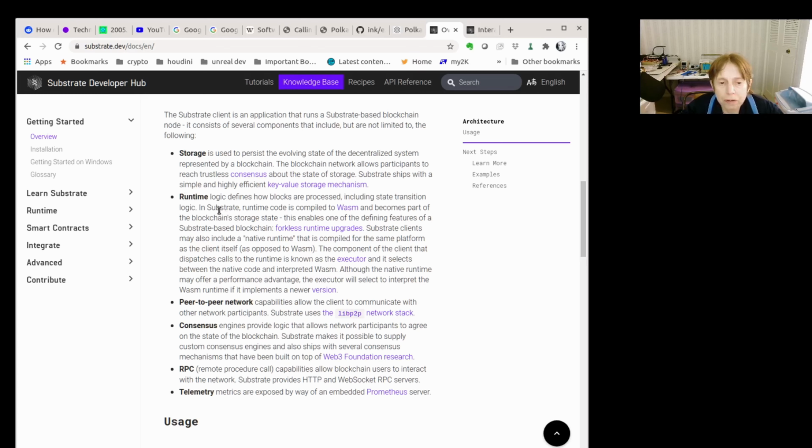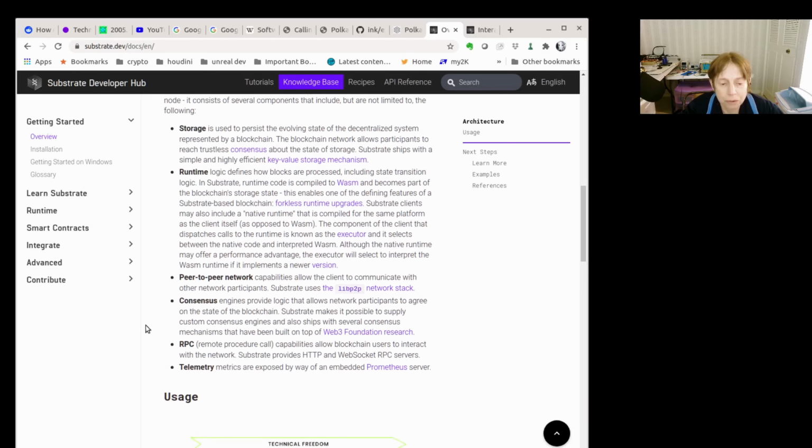The runtime defines the logic of the database, maybe the smart contract like we saw the other day, or transactions. You obviously need a peer-to-peer network, because you have distributed nodes, so they use the libp2p network stack. Consensus, and we've talked about that.